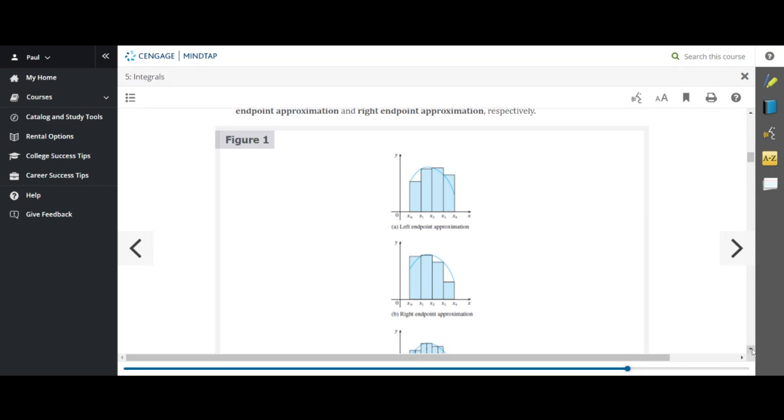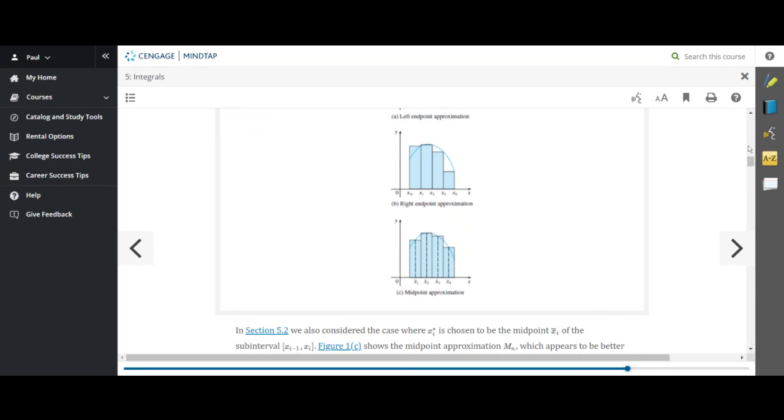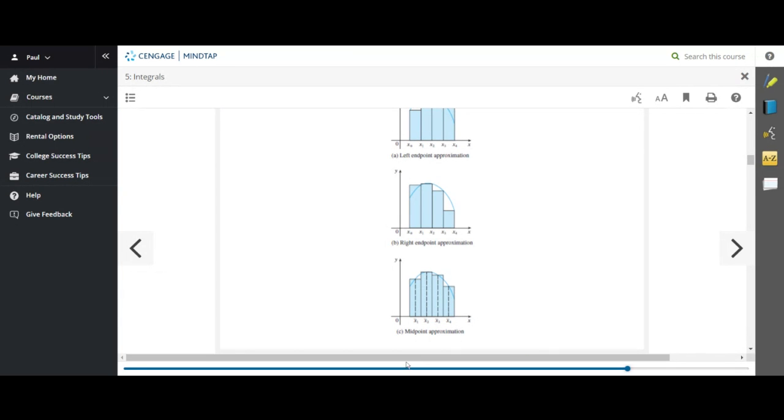Now, there are other approximations too. What if you were to take each subinterval and use the midpoint of each subinterval to determine the height of the rectangle? So function values at each of the midpoints determine the heights of those rectangles. That's what you have in C there.